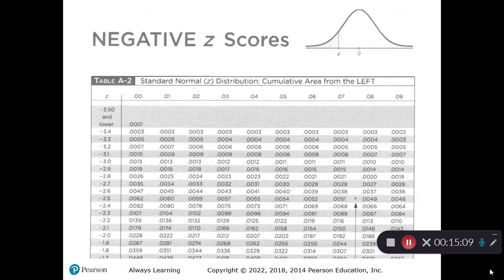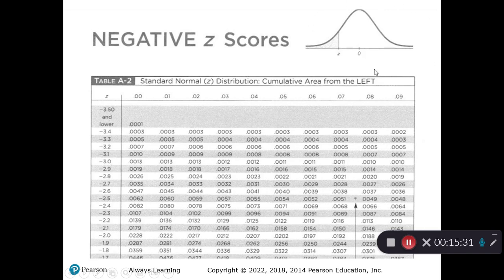Here is the first of 2 pages for Table A2. This first page has negative z-scores. The next page is going to have only positive z-scores. Let's take a moment and explore what this table actually tells us. At the very top of the page, you see there is a picture of the standard normal distribution.